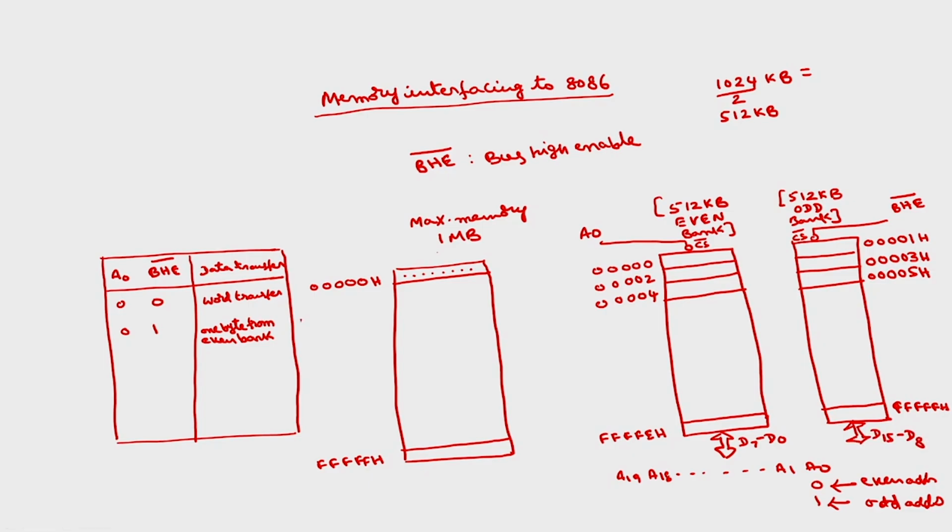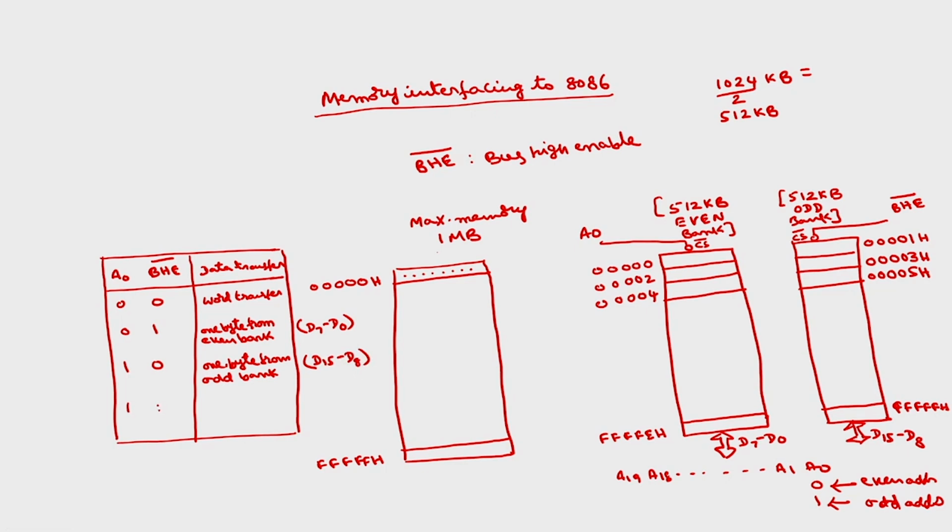The byte will be available on the data lines D7 to D0 if A0 is 0 and BHE bar is 1. If A0 is 1 and BHE bar is 0, then also 1 byte, but 1 byte from the odd bank, meaning the data lanes are D15 to D8.